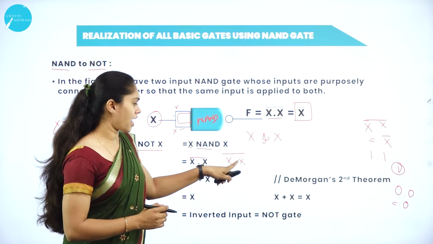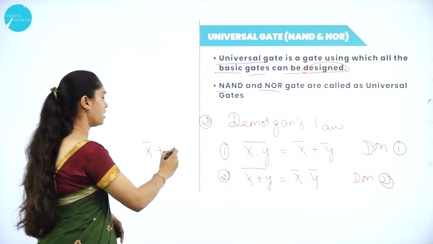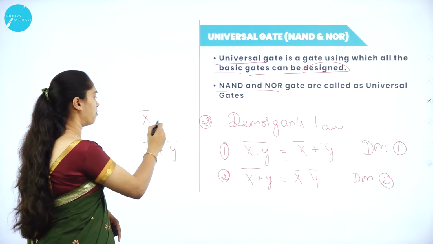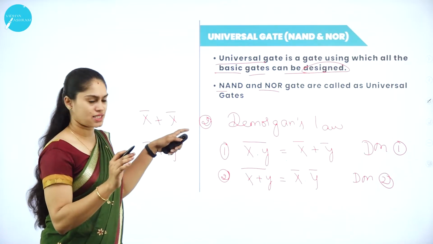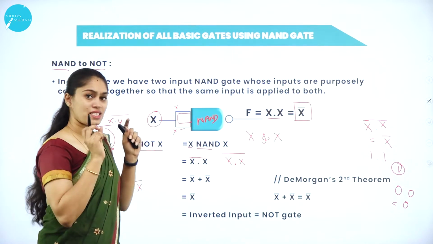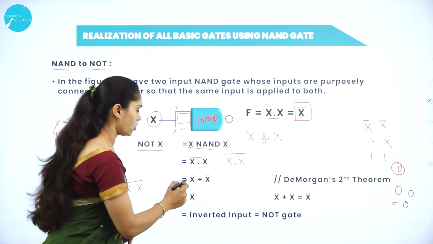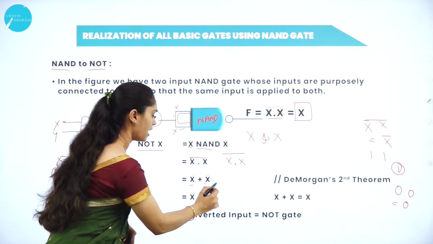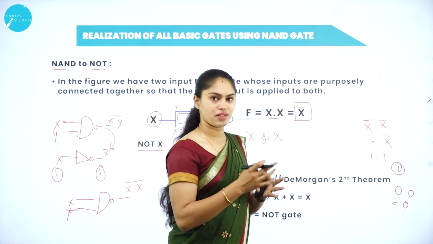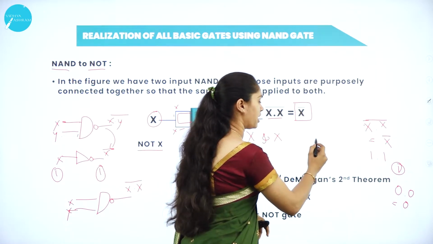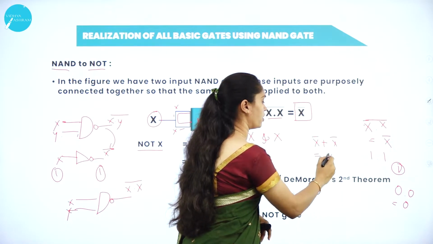So instead of x bar plus y bar, I can take x bar plus x bar, because both inputs are x itself. So x dot x whole bar is also equal to x bar plus x bar. Whether it is product or sum, it will be equal to the same input. That means x bar plus x bar is also equal to x bar.